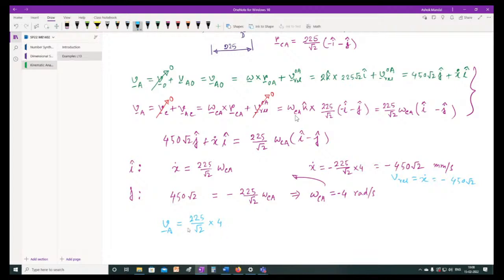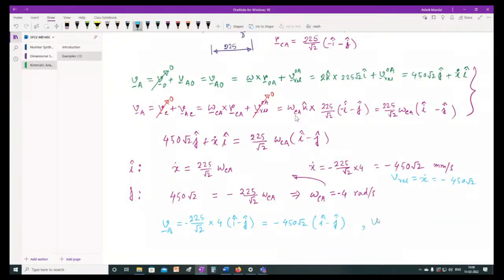That is a minus sign. And then I minus J. Again, this is the same value, right? 450 √2 (I minus J).